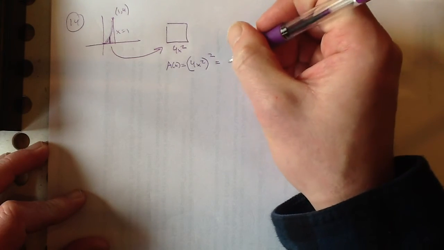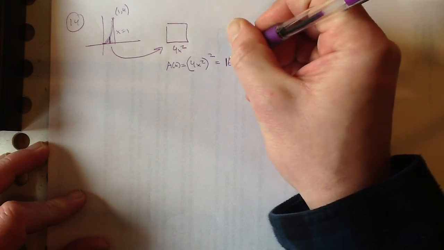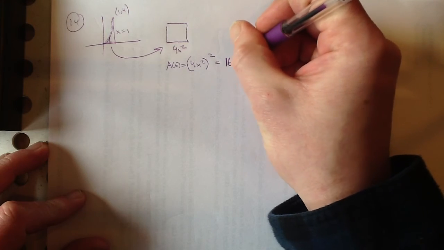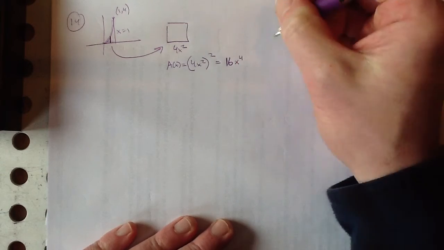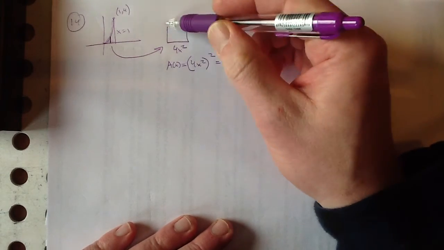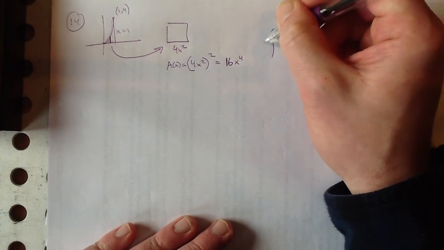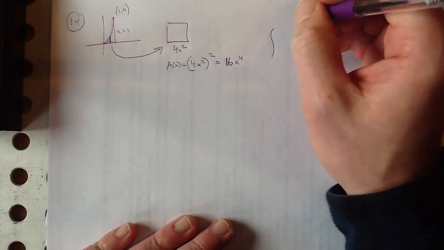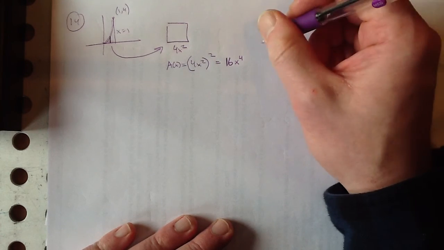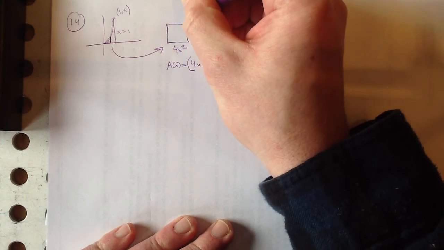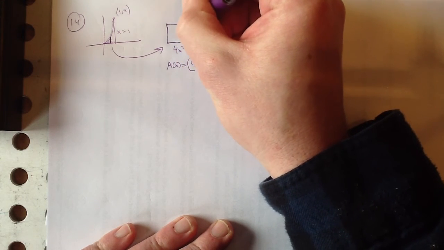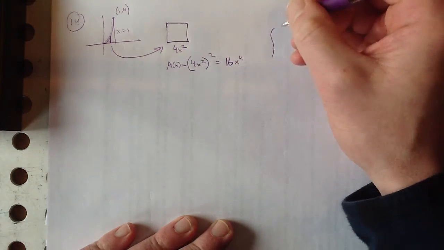If you haven't noticed yet, they really like the solids with square cross sections. Okay, so that means we want to take the area. Notice the cross sections are squares, so there's no pi out here. And they will give you the answers with the pi's on them, just in case you forget that this is not a solid obtained by revolving anything. It just has square cross sections.